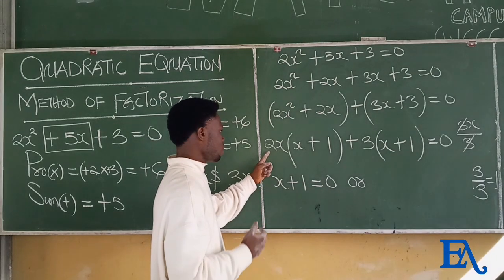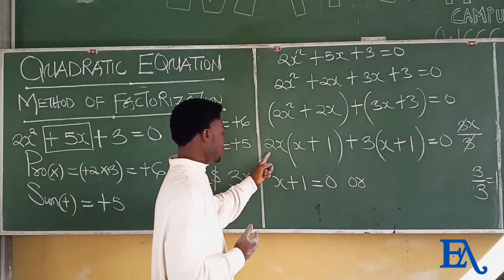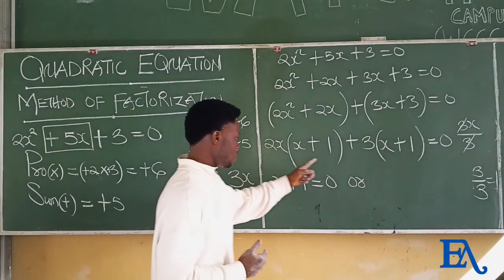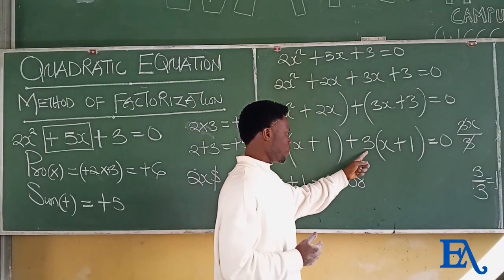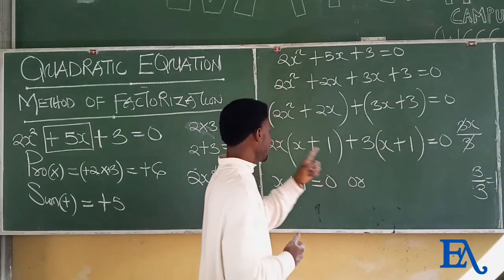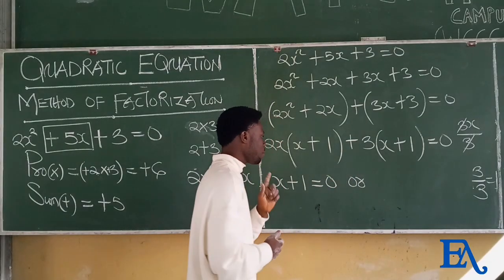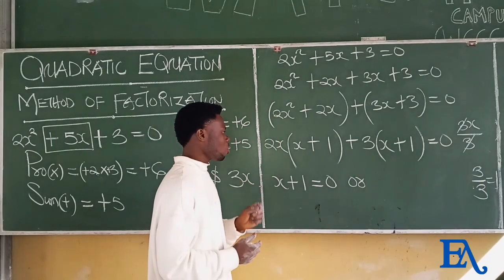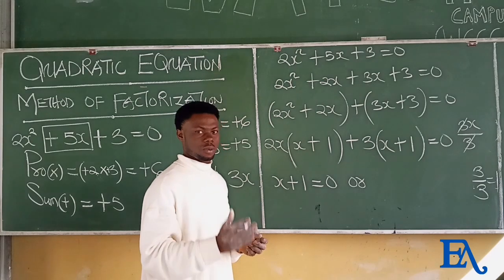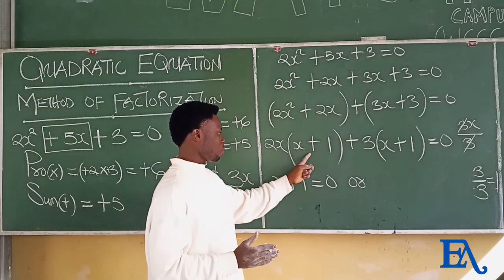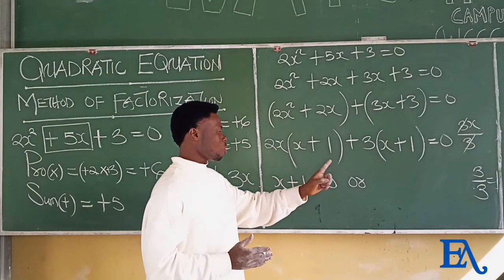That is to say, what we don't have in bracket is 2x plus 3 equal to 0. Let's also equate this to 0. Remember, we started by equating what was written in the bracket to 0 by saying x plus 1 equal to 0.